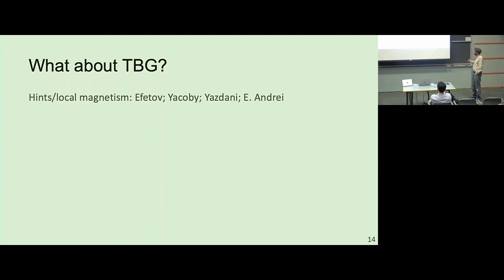Work by Amir Yacobi's group seems to show Chern insulators that go almost down to zero field. And then there are STM works that show the local structure of the sort of swirly wave functions associated with these orbital magnets.